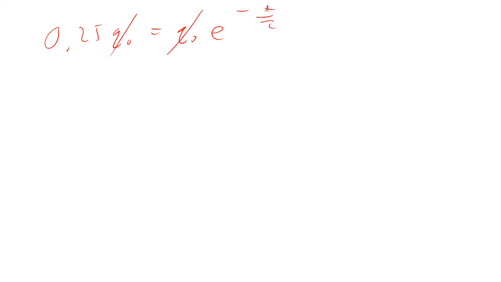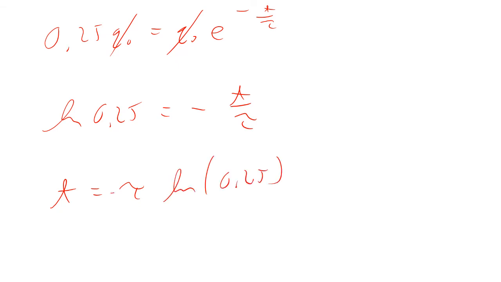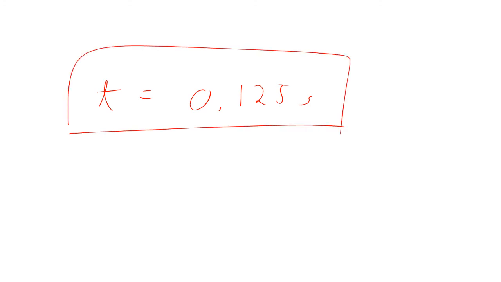That cancels, so with a little bit of algebra, the natural log of 0.25 equals minus t over tau. So t equals minus tau times the natural log of 0.25, which is minus 0.090 seconds times the natural log of 0.25. So the time it takes to get 75% discharge is 0.125 seconds, so 1/8 of a second.